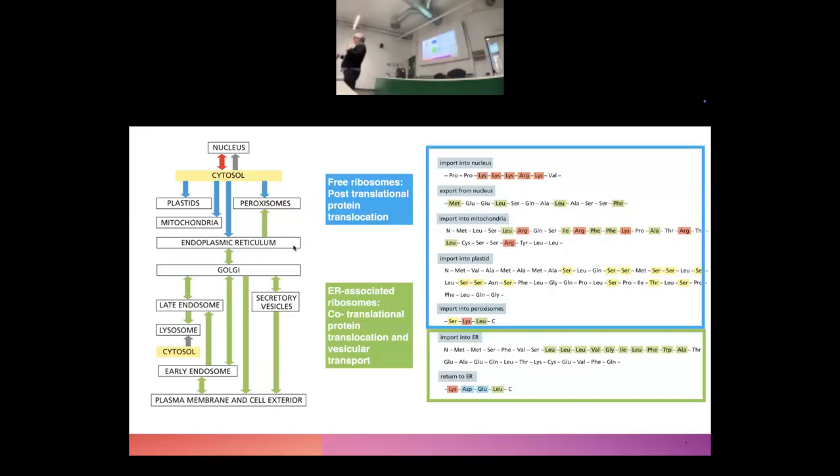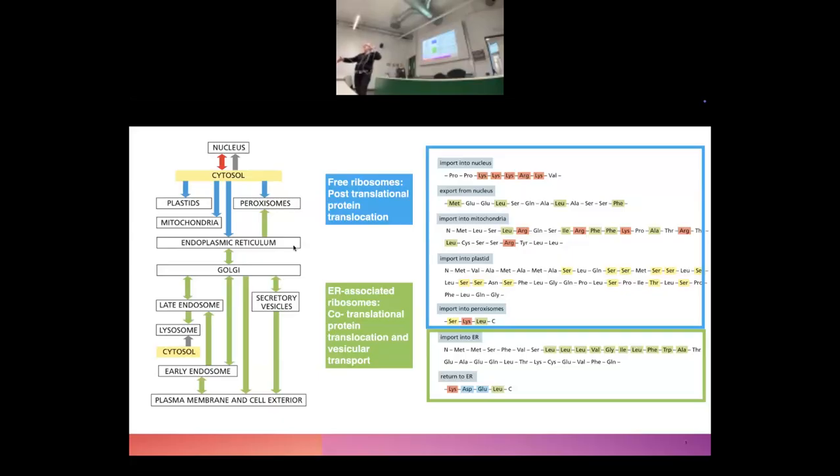We go ahead with translation. This part, on which side is it? The same as the ribosome, it is cytosolic. What's the other one? It's facing the lumen of the endoplasmic reticulum. That's the case of a transmembrane protein.